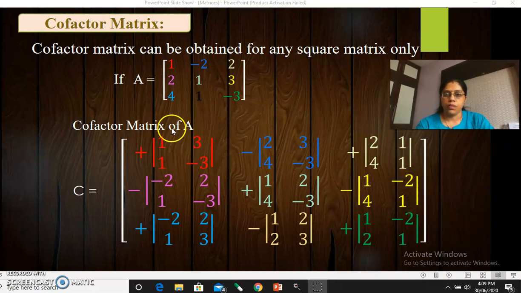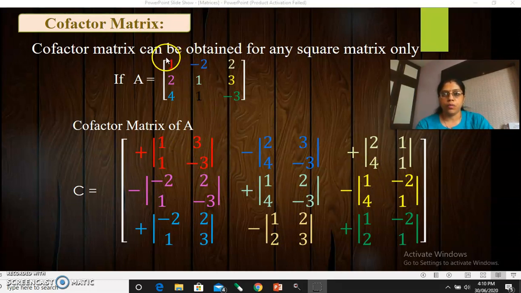These are the cofactors of all the respective 9 elements. For every element there is one cofactor. Collecting all those cofactors into a matrix, that matrix is called the cofactor matrix. So instead of calculating them separately, we are going to calculate them in the matrix itself.